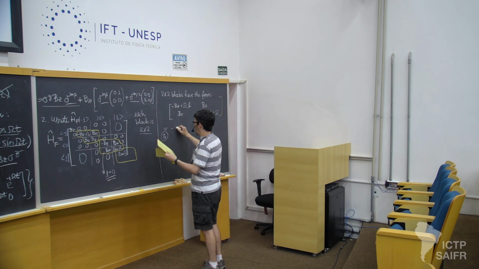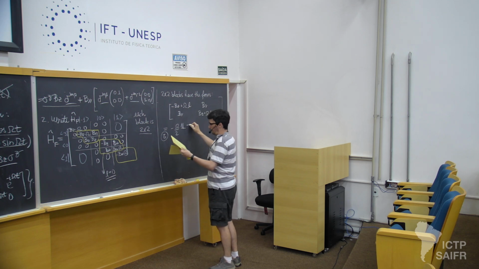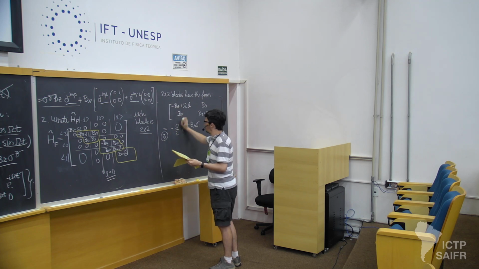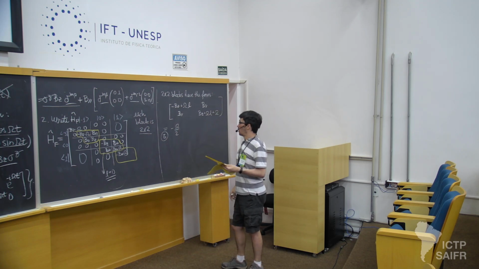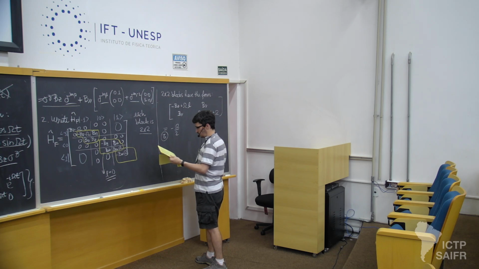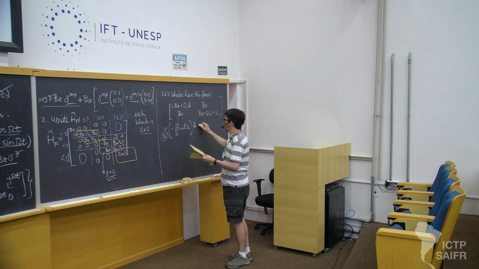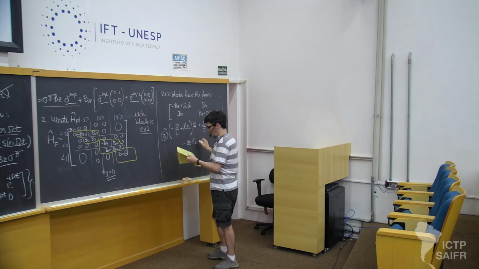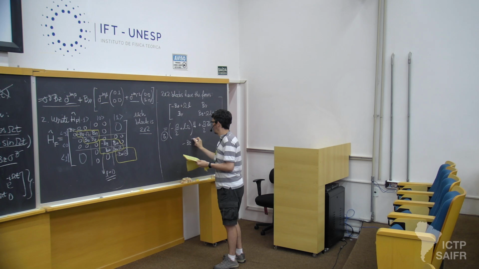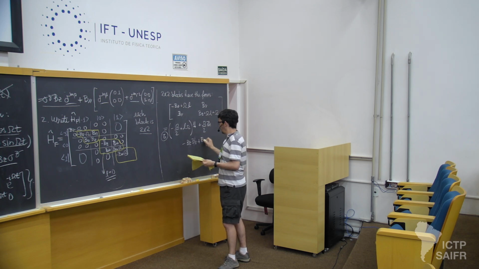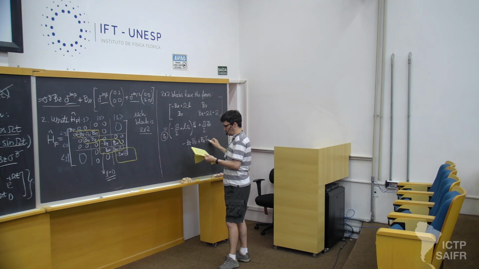So it can be written in the following form: minus omega over 2 plus L omega times the identity, plus omega over 2 minus Bz times tau z, plus B parallel tau x, and that's it.